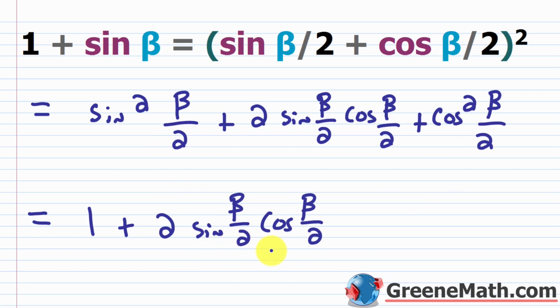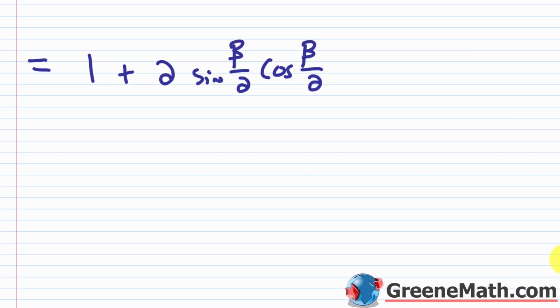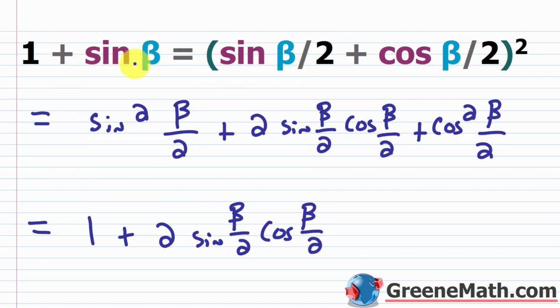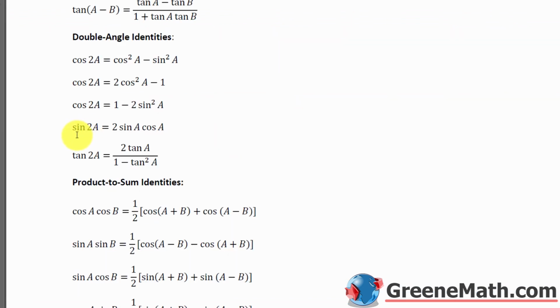And from here, you're really thinking about now your double angle identities from the last section, okay? Remember what you're trying to get to. If you look at this, you have 1 plus the sine of beta. So for this guy right here, we have the sine of 2a is equal to 2 times the sine of a times the cosine of a, okay? So this is what I have here, right? I have 2 times the sine of beta over 2 times the cosine of beta over 2.